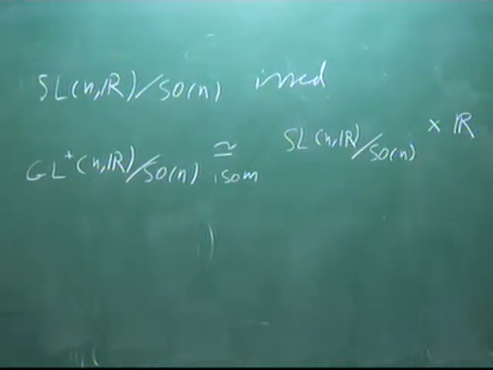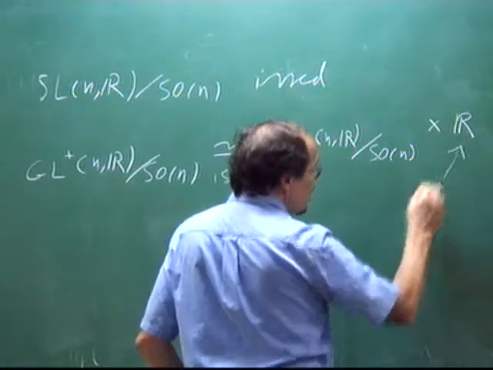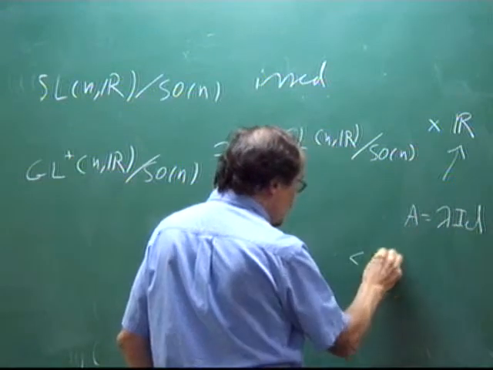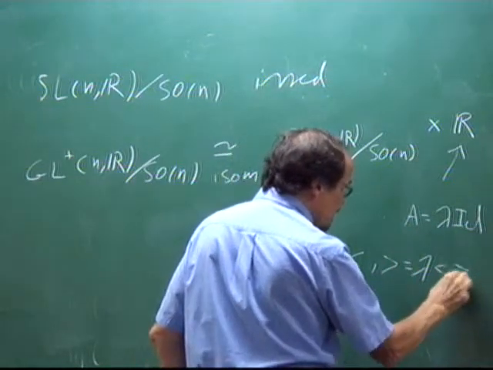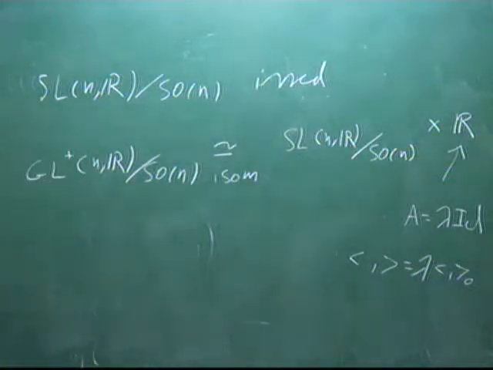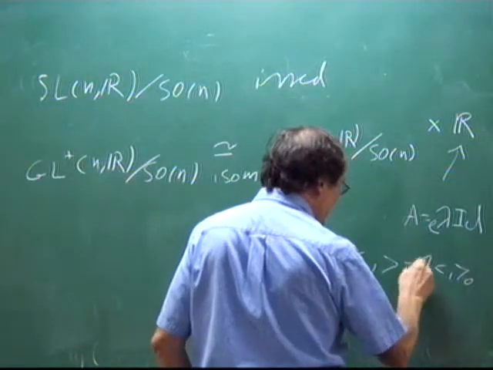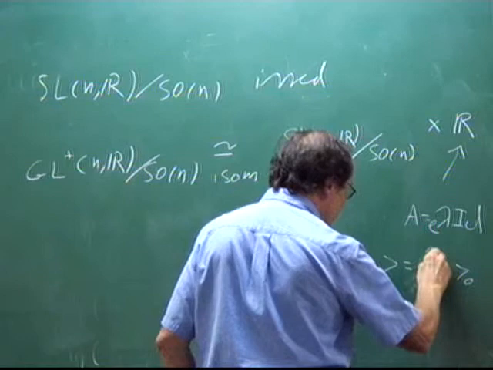What should that R factor represent? Like a volume. What inner products should it represent? The diagonal ones, right? So in this set of matrices, it would be multiples of the identity. In terms of inner products, it's those which are a constant times a canonical one. That's e to the lambda, if you want to make it into a multiplicative group.